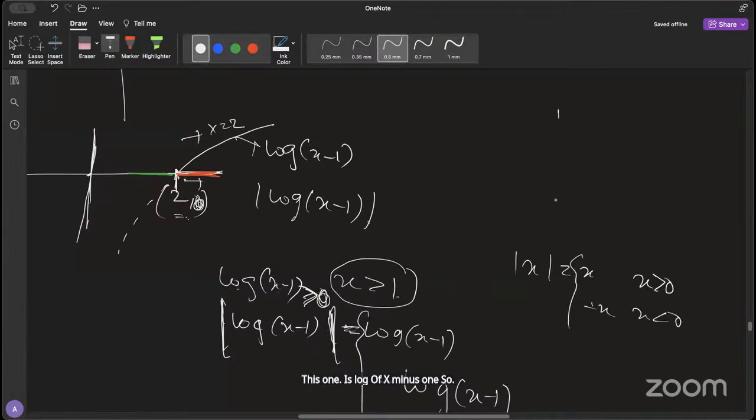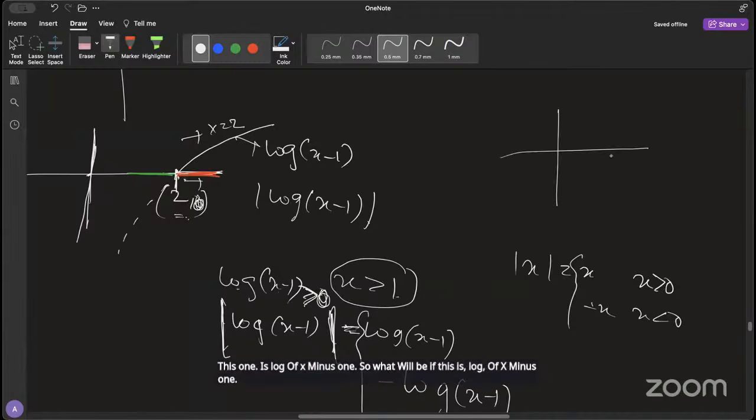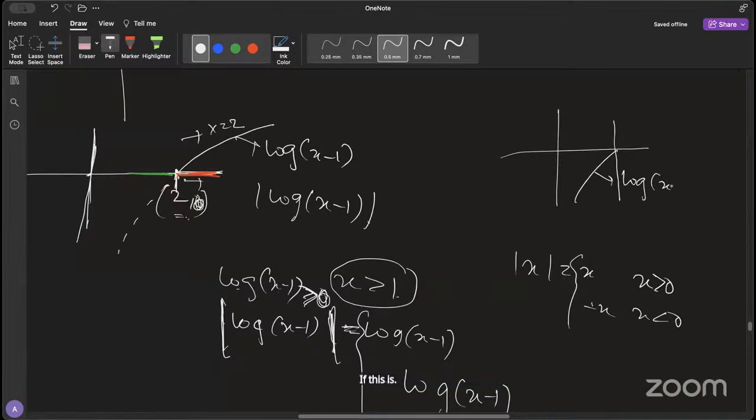So if this is log of x minus 1, then what should minus of log of x minus 1 be? It should be this, right? This reflected here, the same thing but taken with positive value, right? Is this okay? That means you will have this here. This thing will go here.